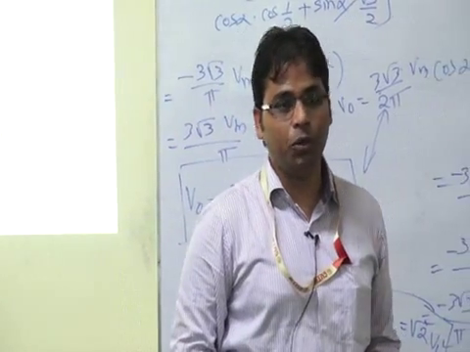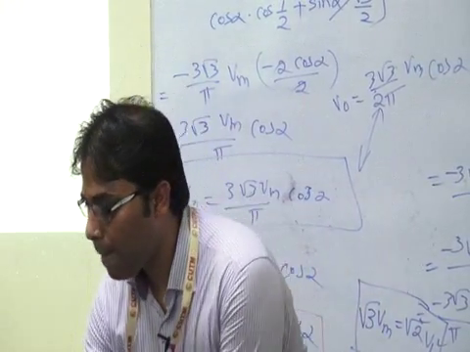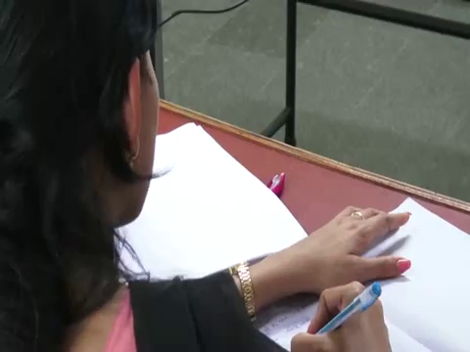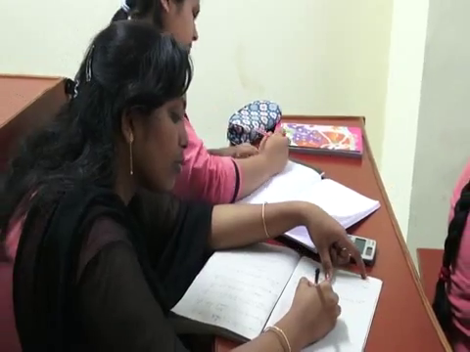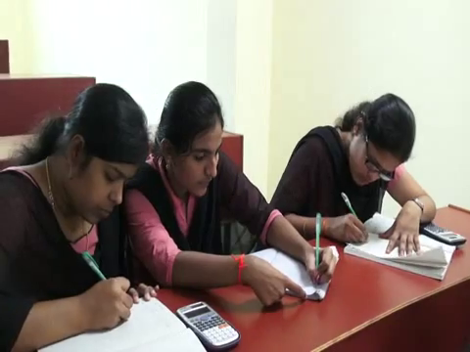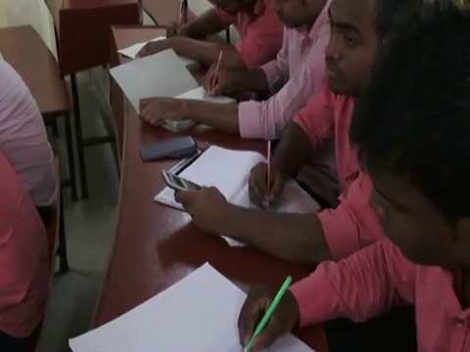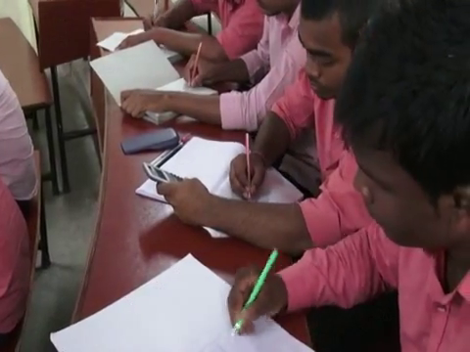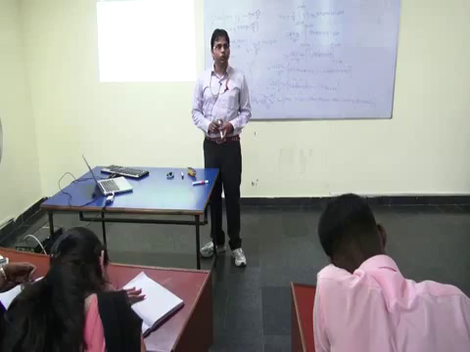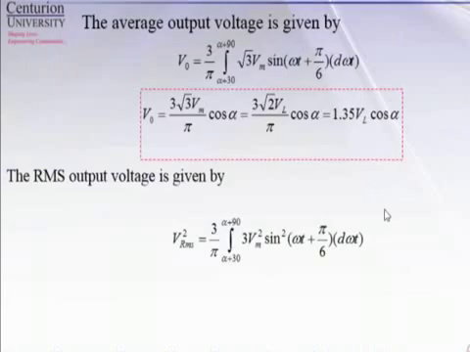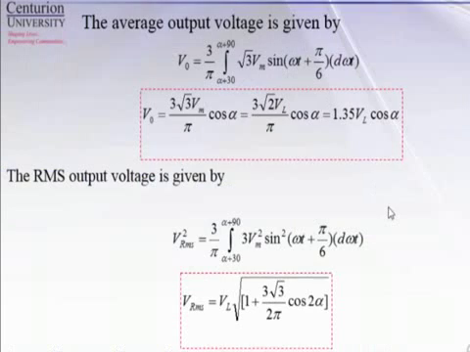For RMS output voltage, okay. So this is the answer you are supposed to get in terms of line voltage.